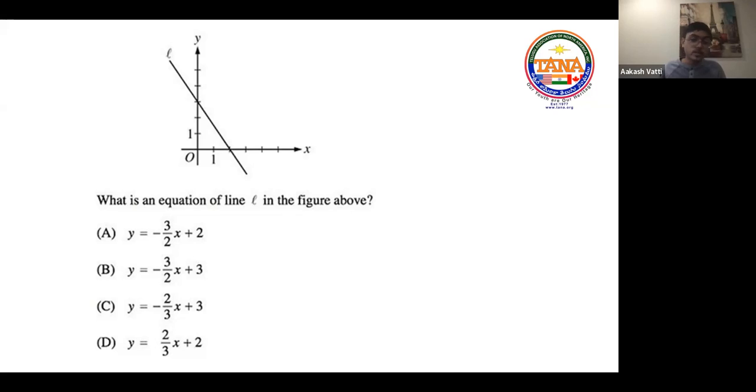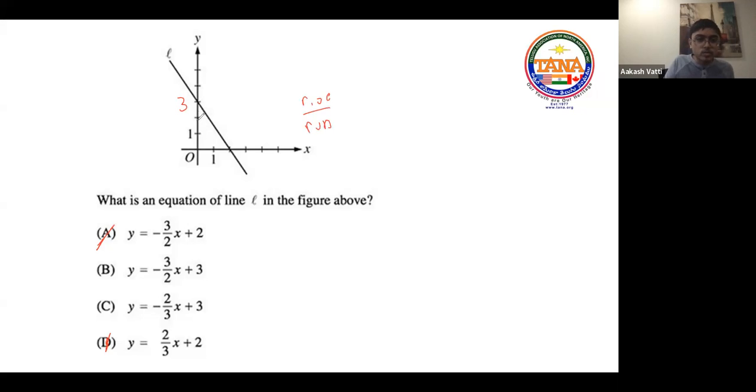I'll do this problem now. For this question, you straight up just eliminate A and D because the y-intercept is at 3 and not 2. Then from there, you just do slope, which is rise over run.